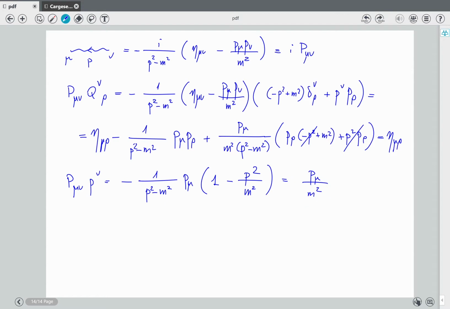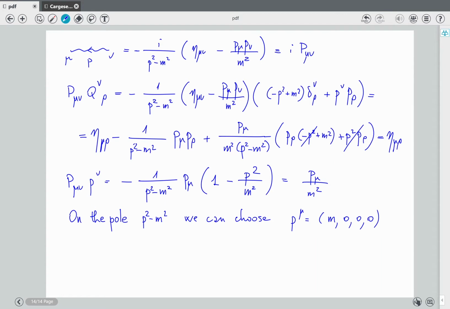But we can be more precise here. So let's check that on the pole, p squared minus m squared, we can choose p mu equal m, 0, 0, 0, because this is a massive field, so it can be at rest.